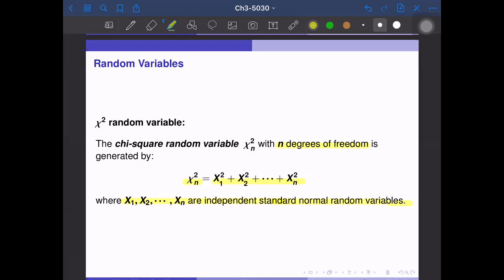This random variable is motivated by the definition of variance. Variance is the summation of xi minus x bar squared. This is more complicated than the formula, but basically we take the square of something. If xi is normal and independent, then xi minus x bar is also normal, and we take the square, then the summation. So it's similar to the variance formula. The chi-square distribution is used to do something with variance.